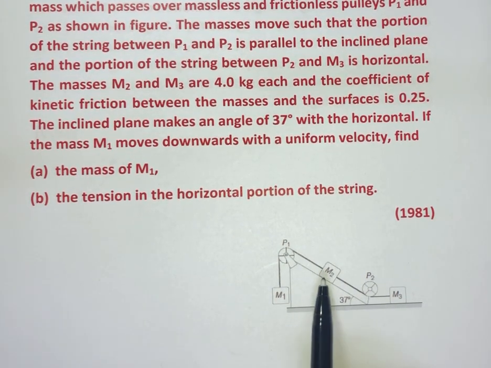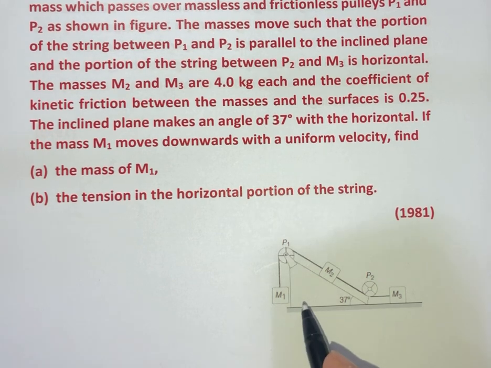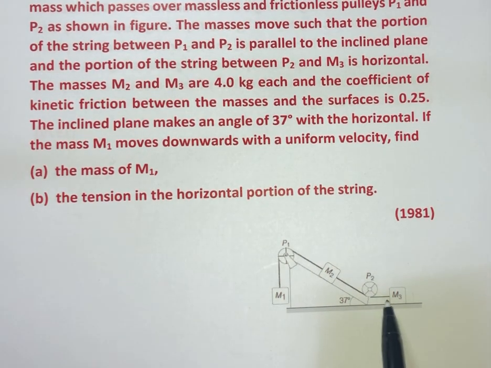We have three masses m1, m2 and m3 connected by a string, and it states that m1 is moving in the downward direction. We are going to find out what will be the mass m1 and second the tension in the horizontal string, it means the tension here.